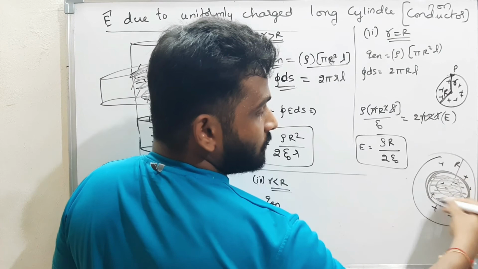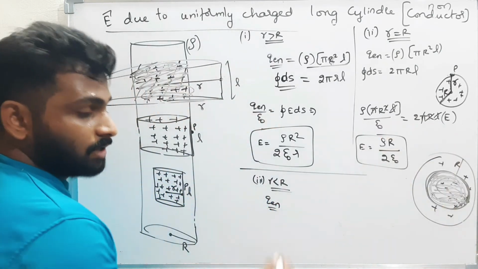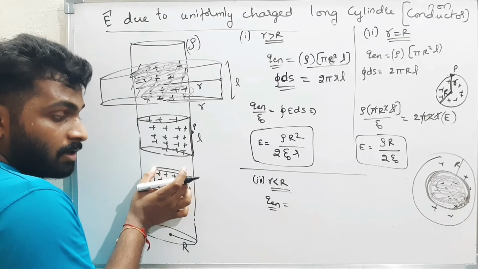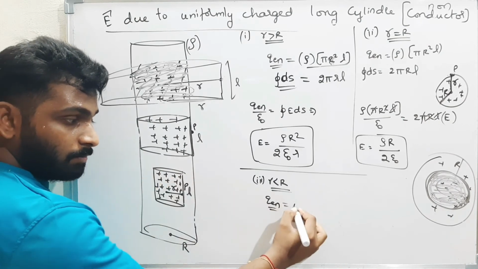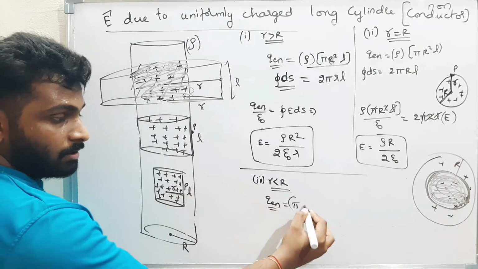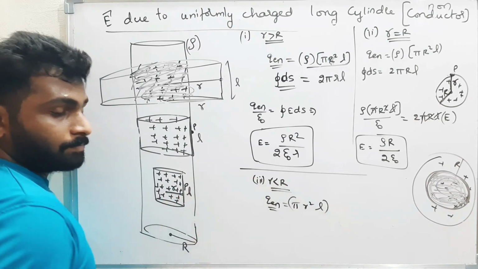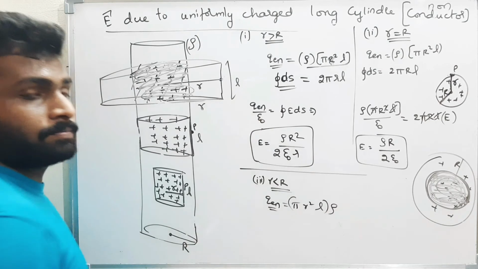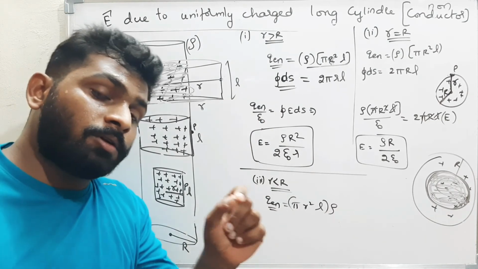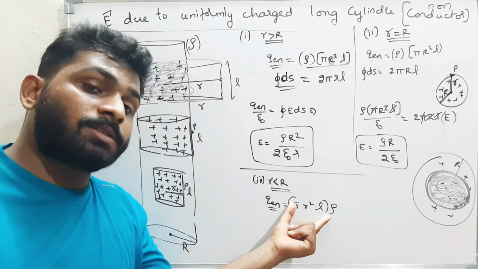Now how can I find the charge? The charge enclosed is simply the volume of the cylinder present here, pi r square into L, into rho. Rho is the volume charge density. If I multiply rho with the volume, I will get the charge present in it.